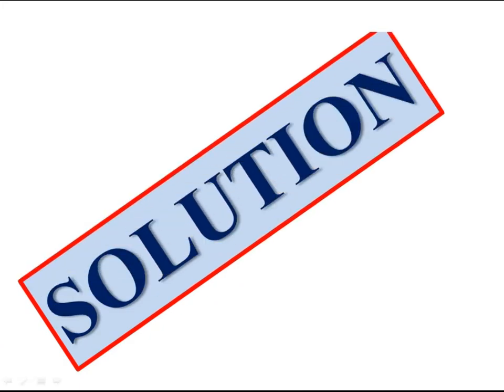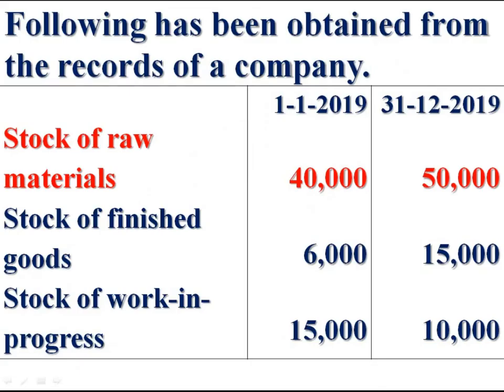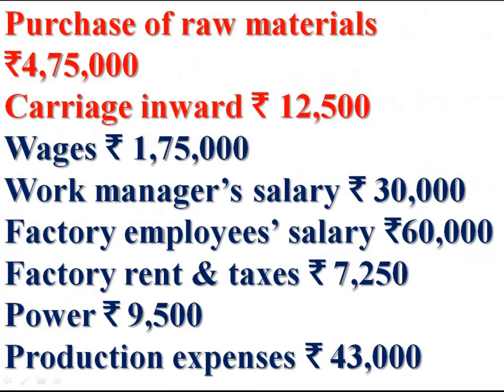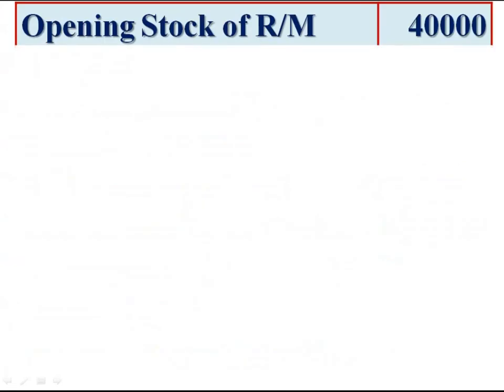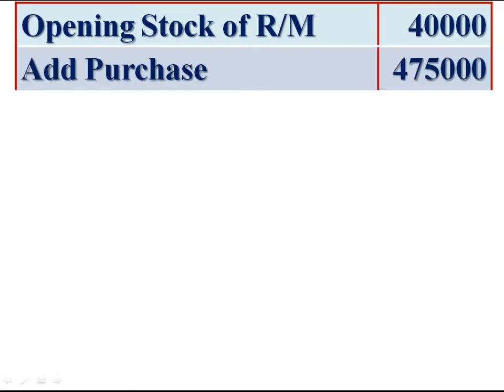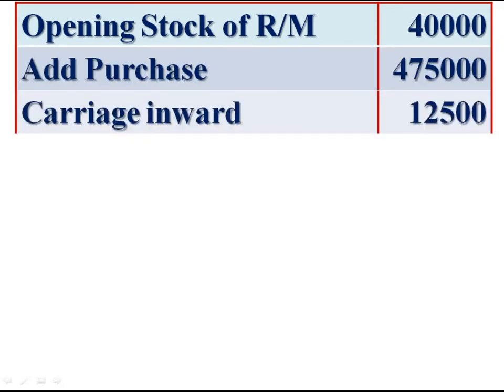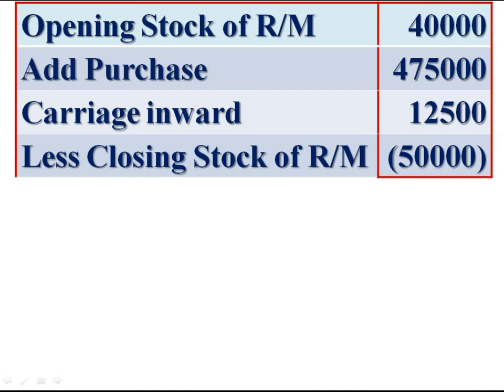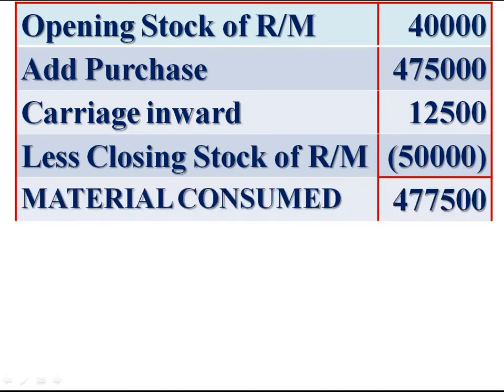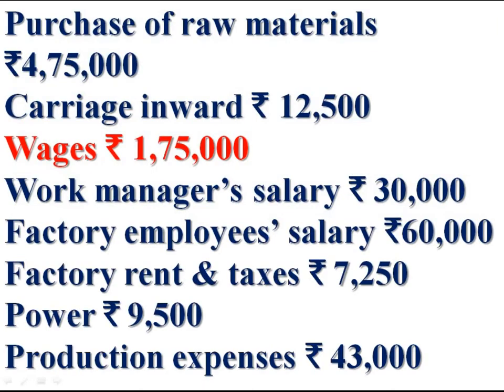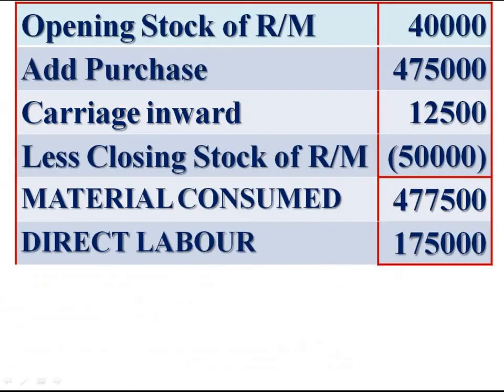Let us start the solution of the problem. We are given stock of raw materials, purchase, then carriage inward. Find material consumed. Open stock plus purchase plus carriage inward minus closing stock, we get material consumed 4,77,500. Add direct wages, we are given wages 1,75,000.